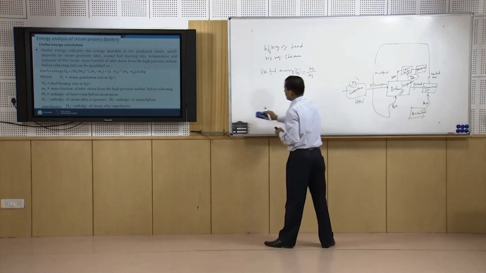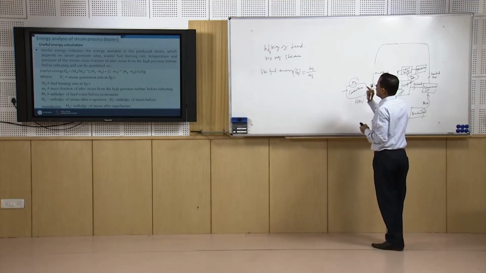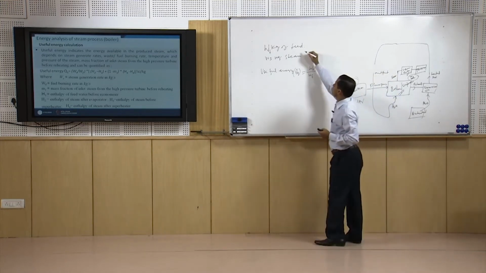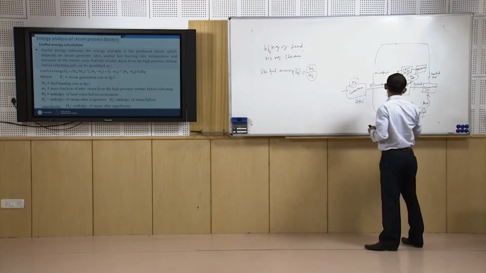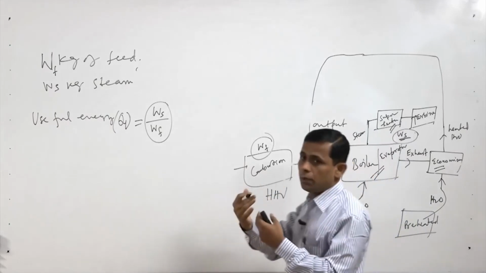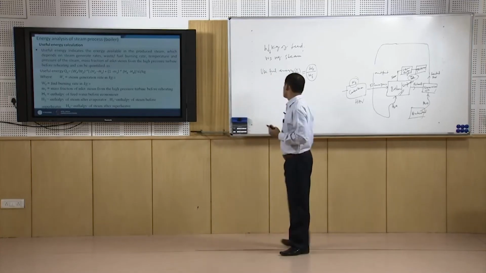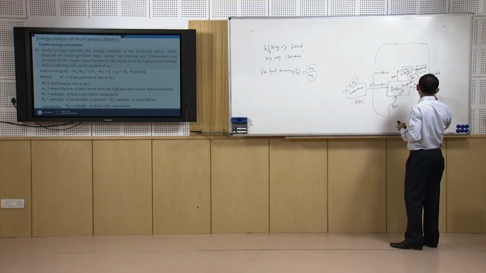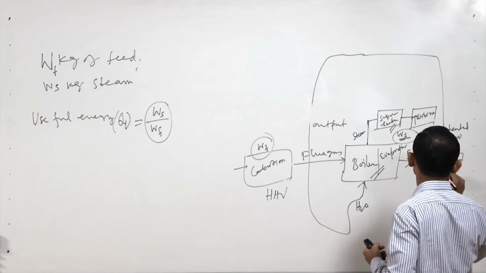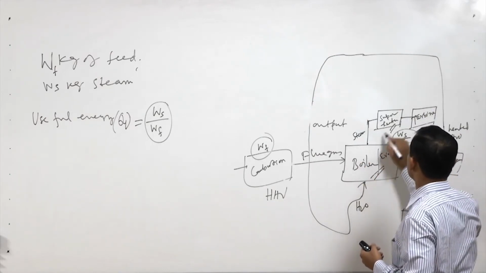If we use 1 kg of feed, then Ws by Wf of steam will be generated. That means the same amount of water was used. The temperature of that water was raised in the economizer, and then there was some evaporation, then again a temperature change.